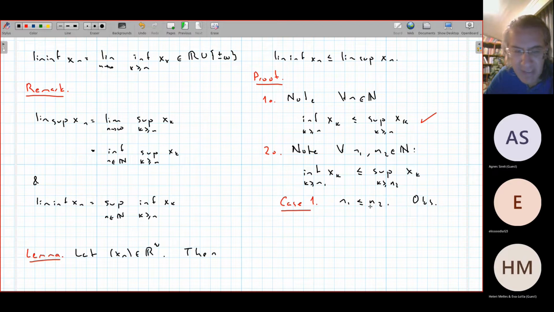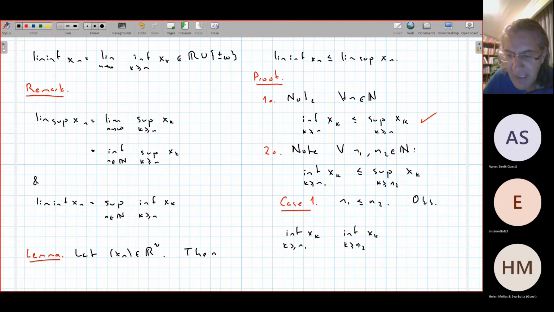You calculate the infimum of xk and calculate the infimum of xk now with fewer sub-indexes, and you compare them.